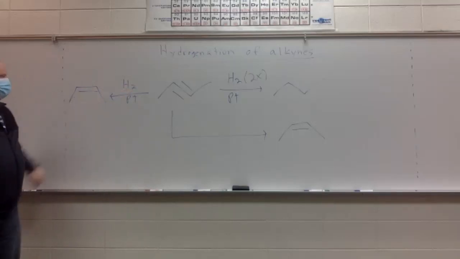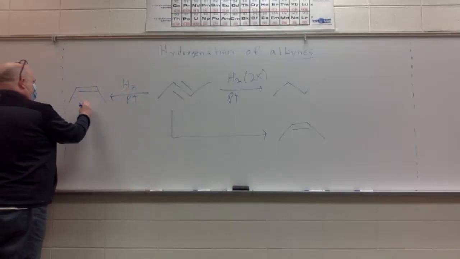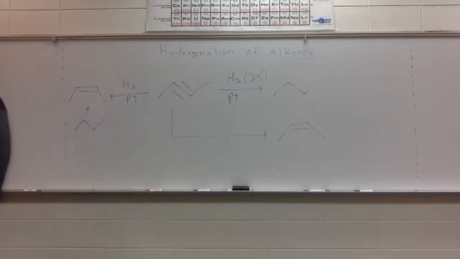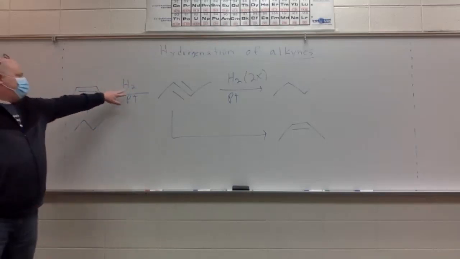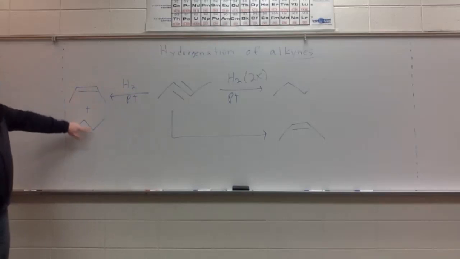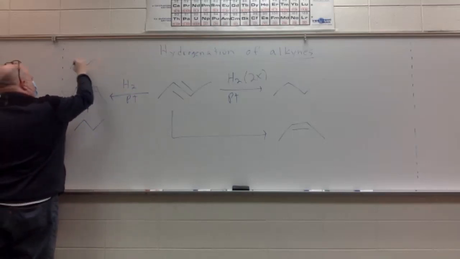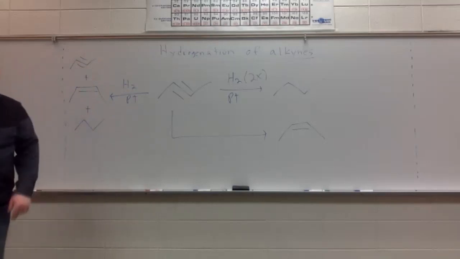No, you're not. Some of this is going to all convert all the way to the alkane. And since you only have 1 equivalent, since some of them get wasted over here, that means you're also going to have some of this left over.